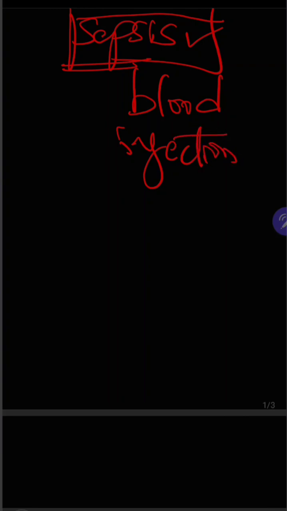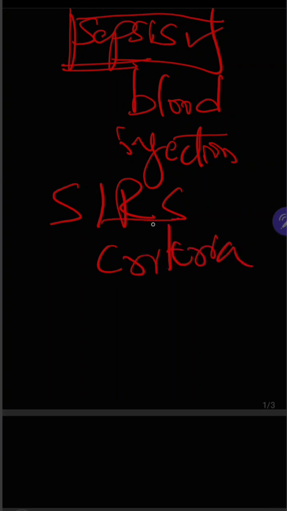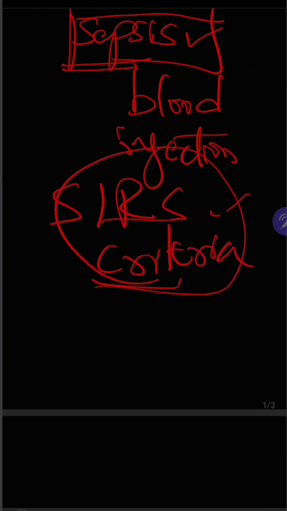In order to treat a sepsis patient, we have to go in order. So there is a certain order. Before treating a sepsis patient, you have to know the SIRS criteria. We'll discuss it in a short while.